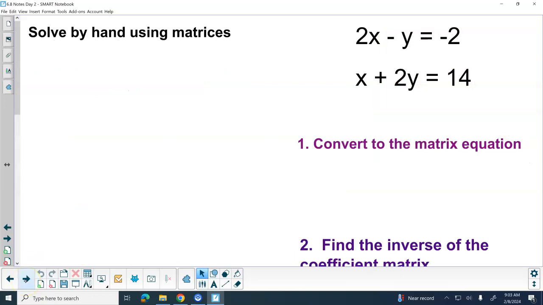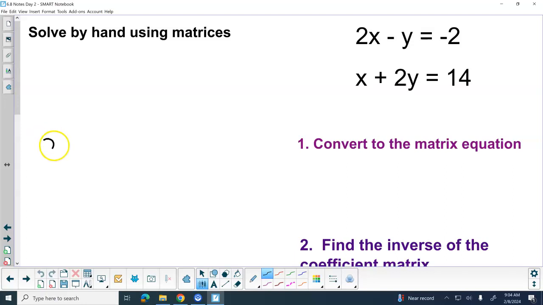There is our system of equations. Okay? 2x minus y equals negative 2. x plus 2y equals 4. Step number 1 says that we need to convert that into a matrix equation. What would the matrix equation be for that system?